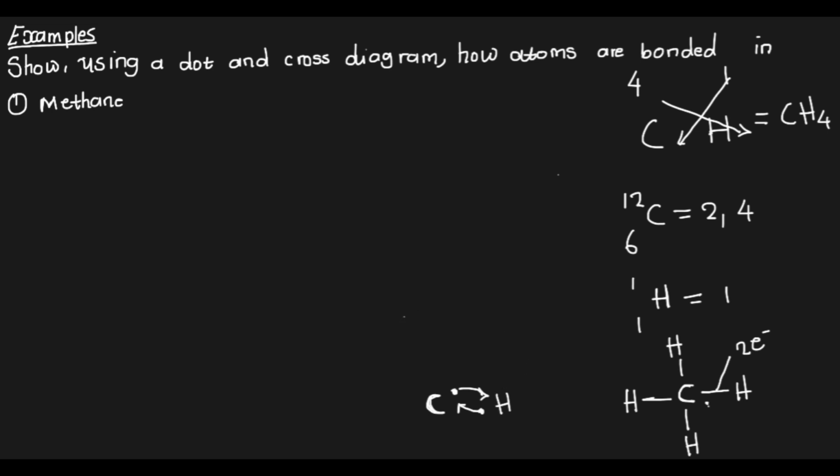Then the other thing that we can know about this is for elements like carbon where we have 2 shells. Let me first draw. So carbon, we have 2 shells. The first shell and this second shell.